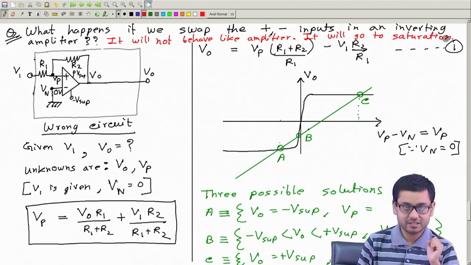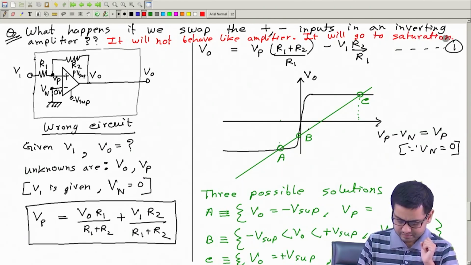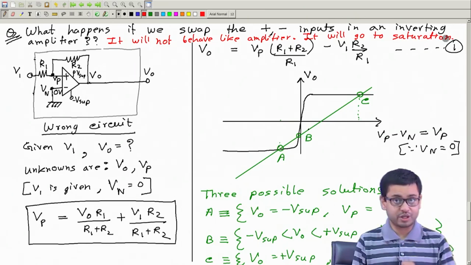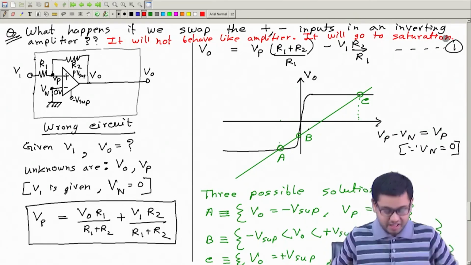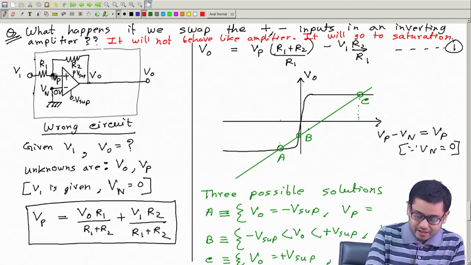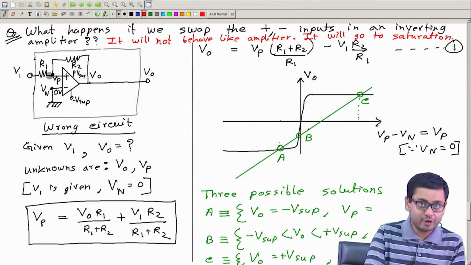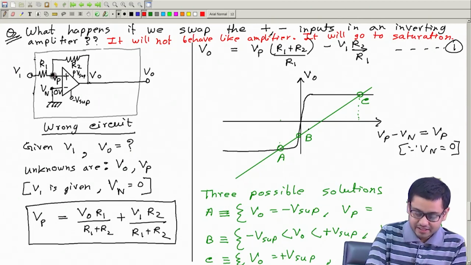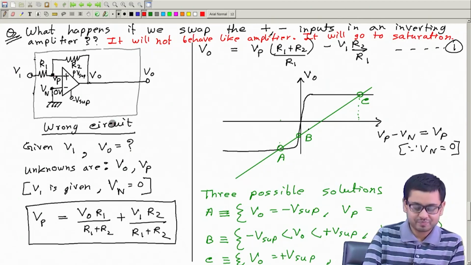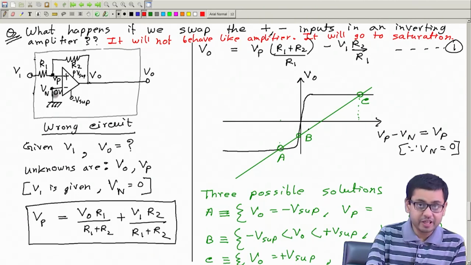We have seen it with thorough analysis. And also another very nice observation: will virtual short, the concept of virtual short, be valid in this wrong circuit? Will Vp equal Vn?